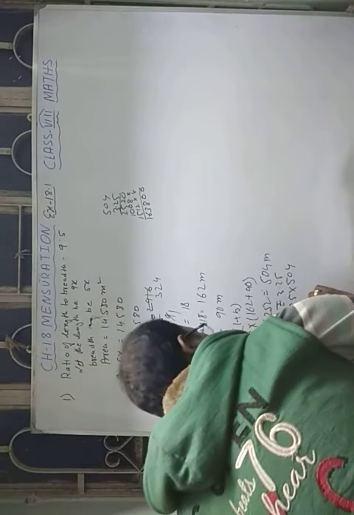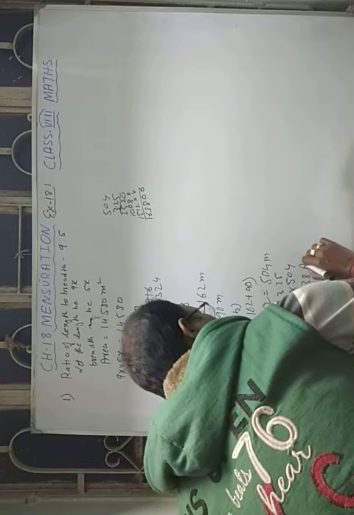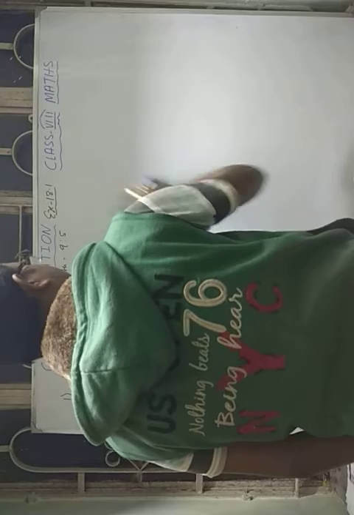So it will be 1638. So total cost of fencing is rupees 1638. This is the final answer of this question. Okay. So in this way you have to do the question.